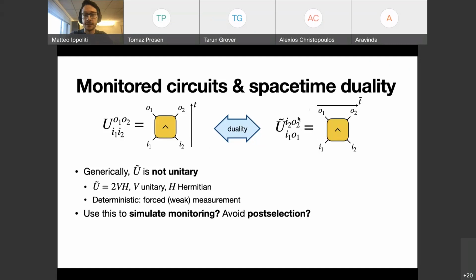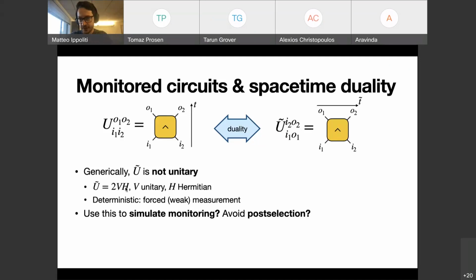Because we're permuting these indices, we are generically breaking unitarity. This gets us an object that, if we perform a polar decomposition on it, we can view as the composition of a different unitary and some positive Hermitian matrix, which you can think of as a generalized projector.